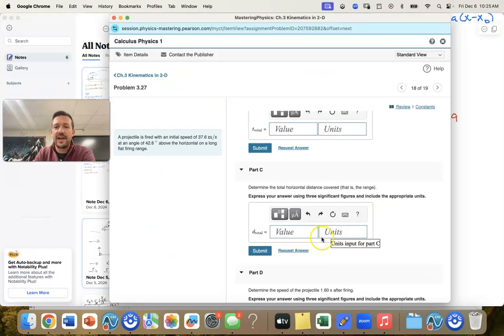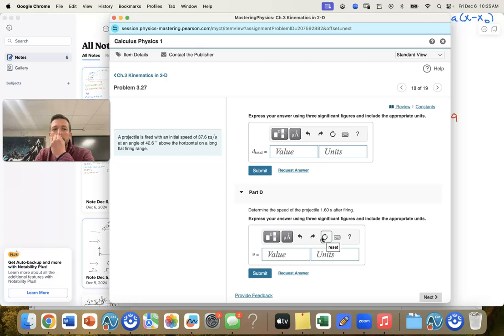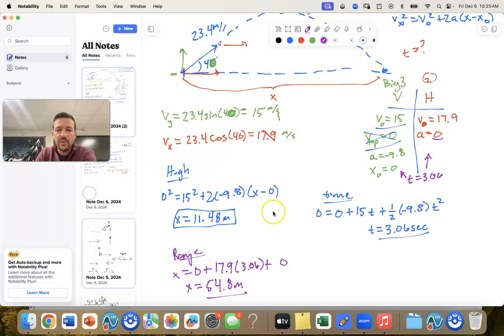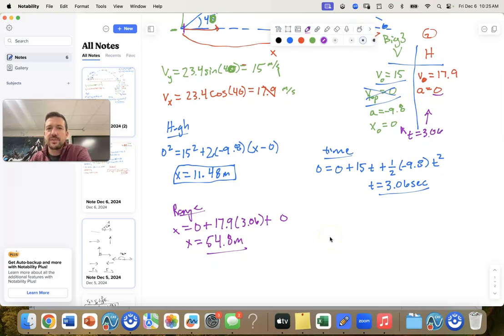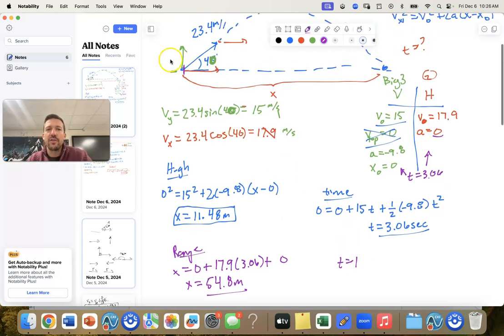Now, the last one here is asking what is the speed at a certain time. So let's do the speed at t equals 1. So I already know the horizontal.